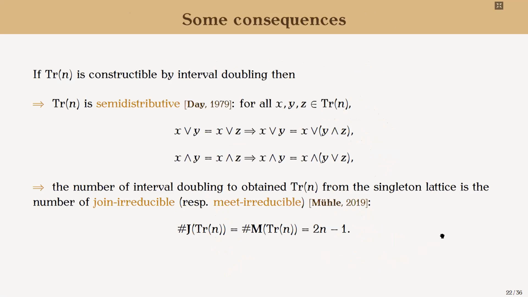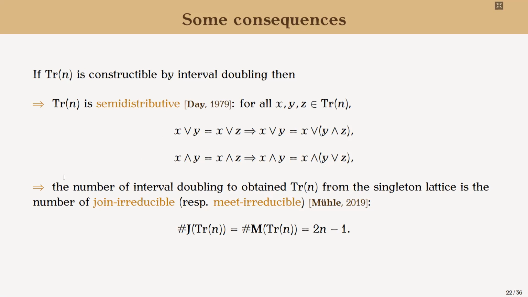There are several consequences of the fact that this lattice is constructed by interval doubling. First, we can deduce, as a direct consequence, that this is what we call a semi-distributive lattice, which means that these two implications are satisfied, where the symbol ∨ is for the join operation and the other symbol is for the meet operation.